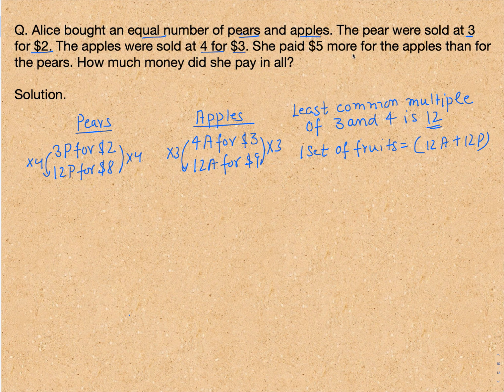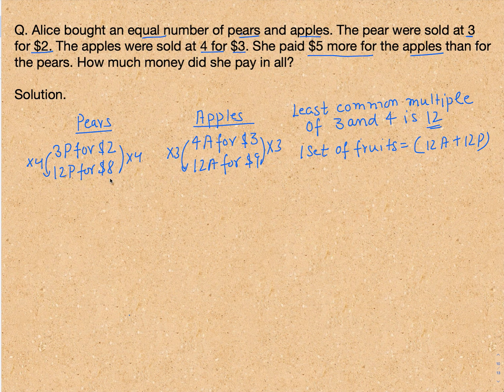Okay, now let's focus on this part. They are saying that she paid $5 more for apples than for pears. The first thing we should find out is how much more she paid. We can clearly see that she paid more for apples than for pears.